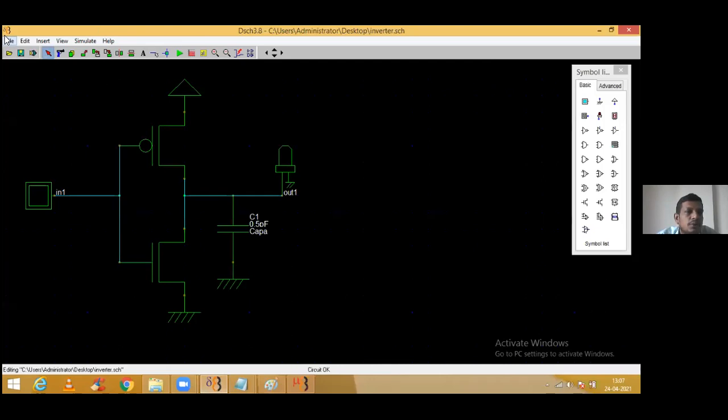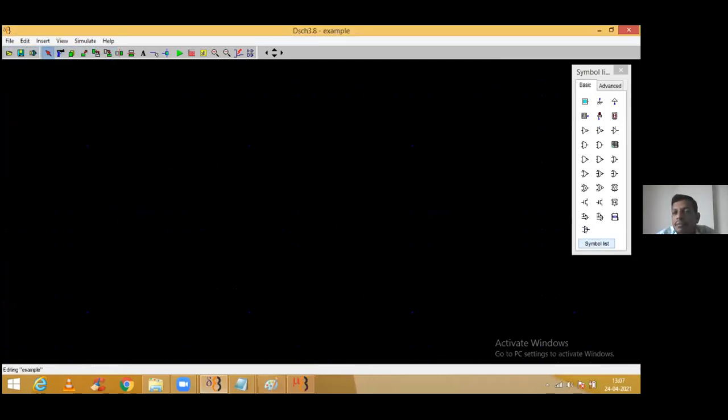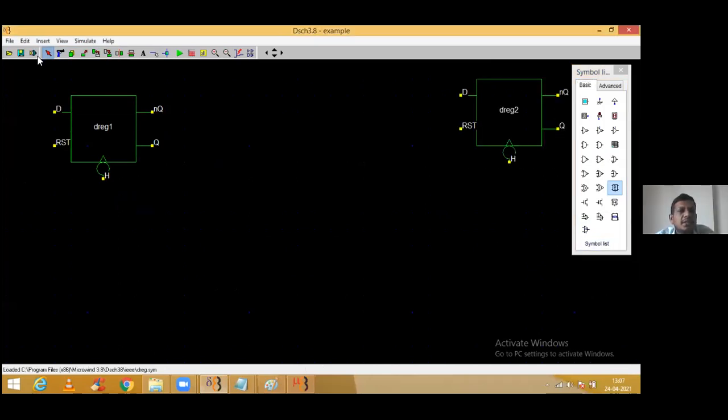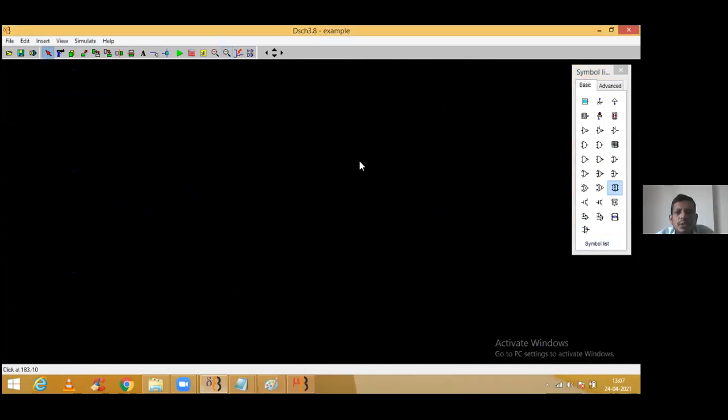Likewise, let's have a look over here, please. What I'm trying to do is, you should have a D register over here. That is a D latch that I'm going to use. We can call it a D register. I'm keeping it like this, or you can use a circuit like this.